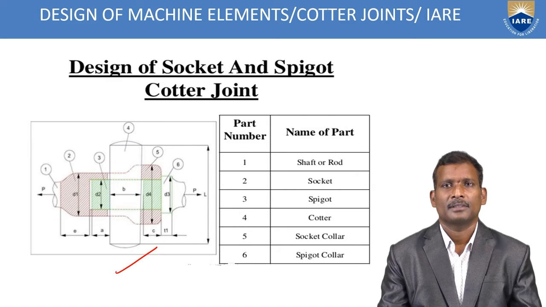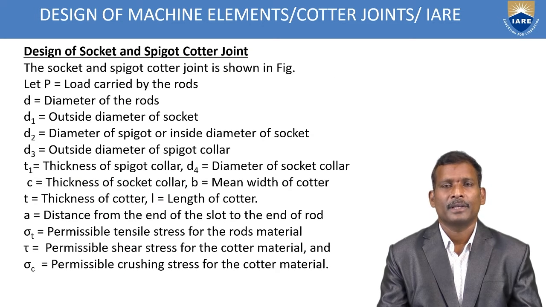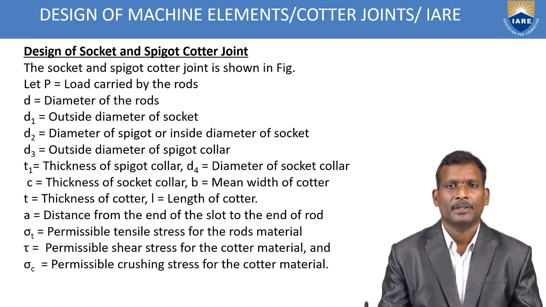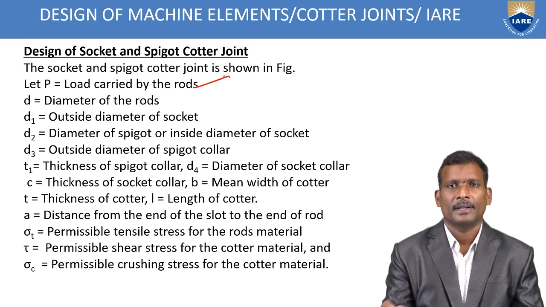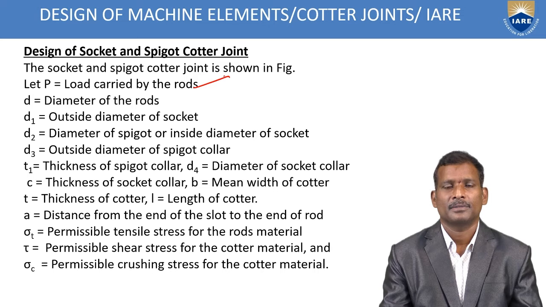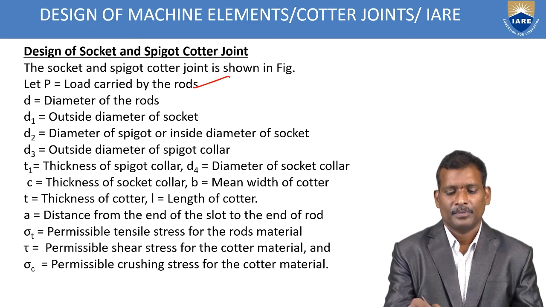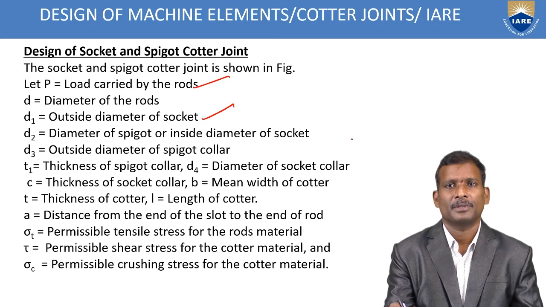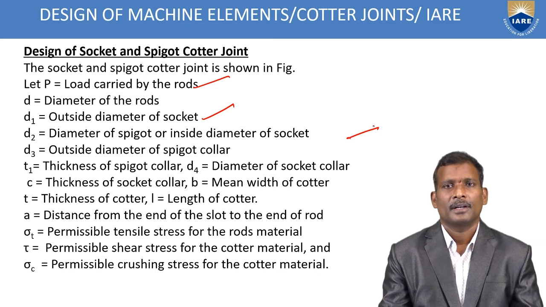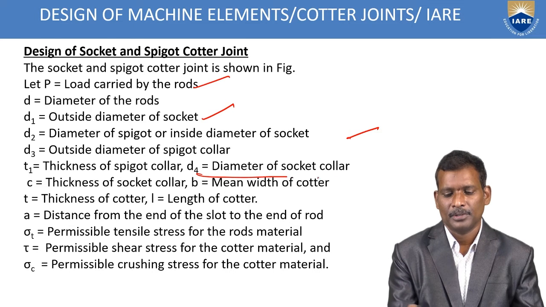For designing, let's take P as the load carried by the rods, and D as the diameter of the rods. D1 is the outside diameter of the socket, D2 is the diameter of the spigot, D3 is the outside diameter of the spigot collar, T1 is the thickness of the spigot collar, and D4 is the diameter of the socket collar.